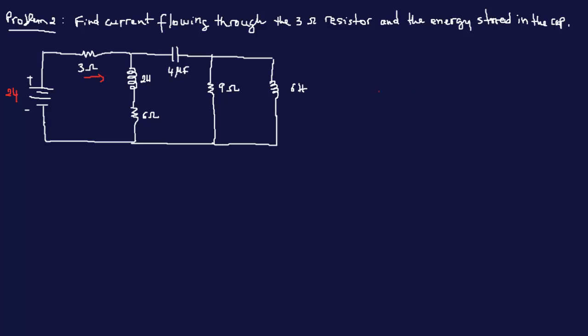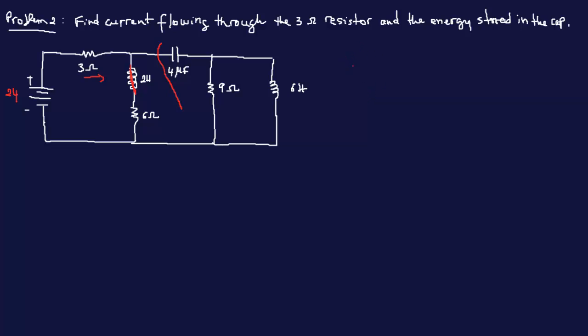Now since this is a short circuit with 0 resistance, and this is open because of the capacitor, this is an open circuit. Nothing flows through open circuits. No amp, no current.